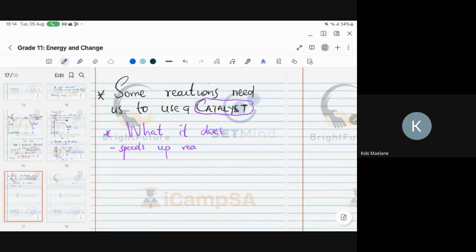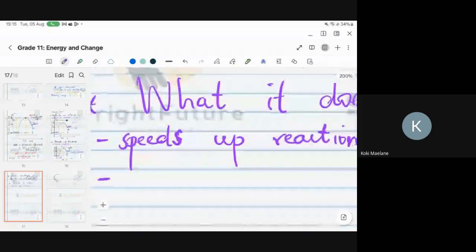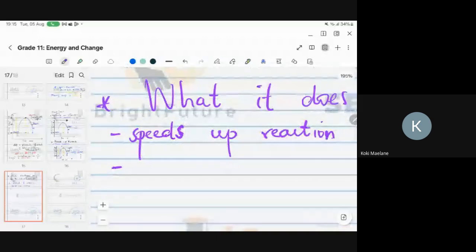A typical example they... it softens up quickly.